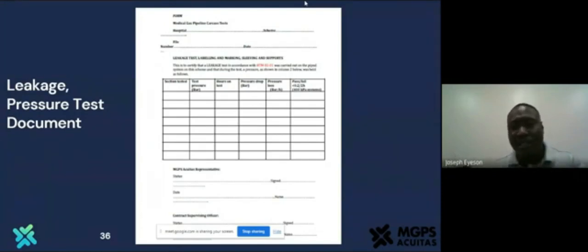You put in 4 bar to ensure you're doing a proper leak test on the pipelines, and the number of hours tested is recorded. After that, you look at the pressure drop. You come back after 24 hours to check the pressure drop, the pressure loss, and see if it has passed or not. Then the representative, whoever is in charge, signs, and the contractor also signs.